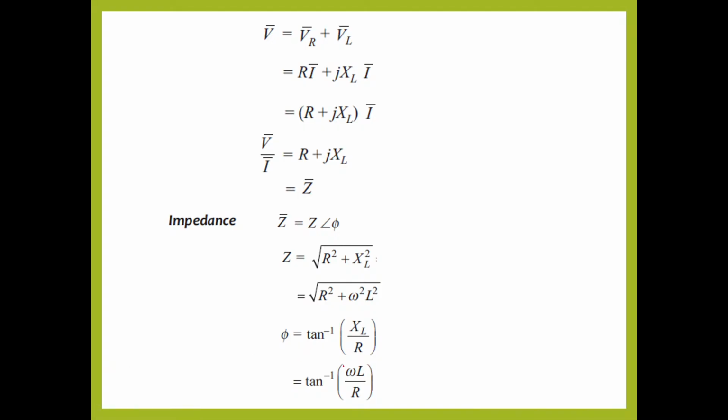XL is nothing but omega L, so phi is equal to tan inverse of omega L by R.